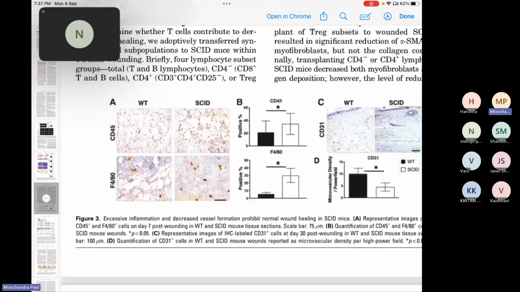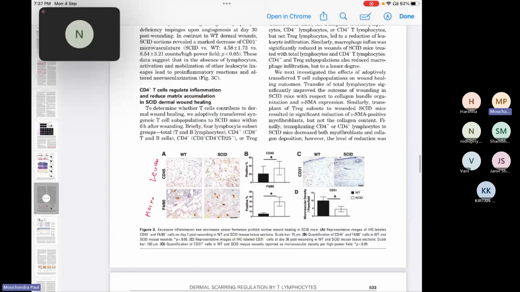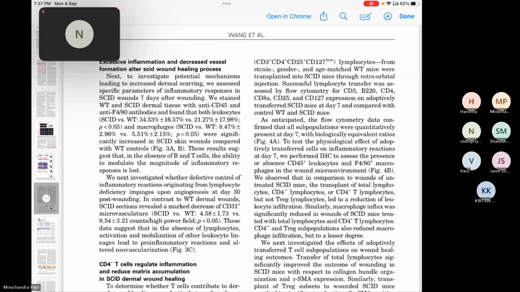In this figure, CD45 is the marker for leukocytes, whereas F4/80 is the marker for macrophages, meaning cell surface markers. So they used anti-CD45 and anti-F4/80 antibodies to identify the leukocytes and the macrophages in SCID mice and wild type mice.